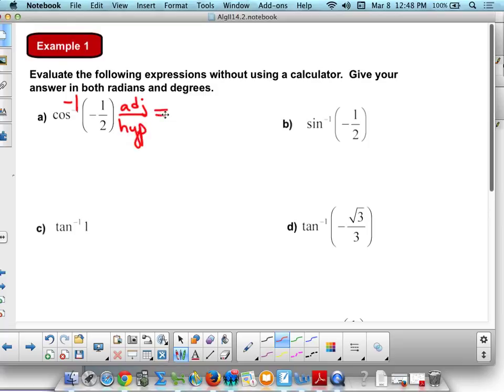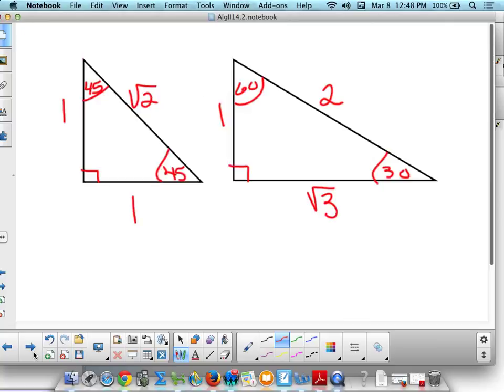The hypotenuse. Go find an angle that has adjacent 1, hypotenuse 2, and I'm looking here. Where do you see 1s and 2s? Right here. This is the one you should be looking at. Is it the 60 or is it the 30 for cosine? 60. I'm hearing 60.